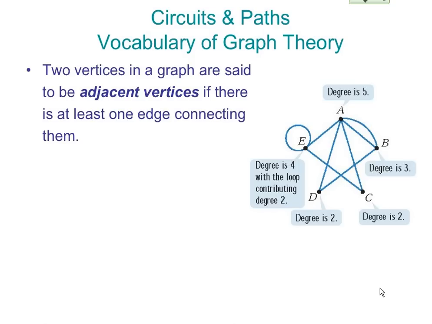Look at E. I have this edge coming in, so that's 1. I have this edge coming in, that's 2. When you have a loop, you have the edge coming in from this direction and you have an edge coming in from this direction. With a loop, it counts double. You count it twice. So the degree of E is 4. Be careful with loops.